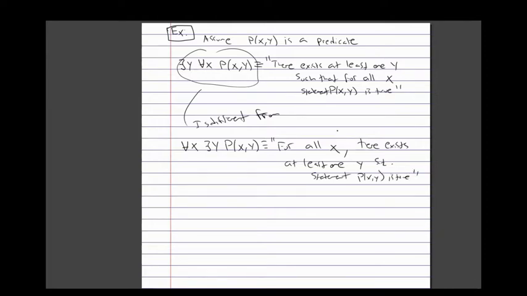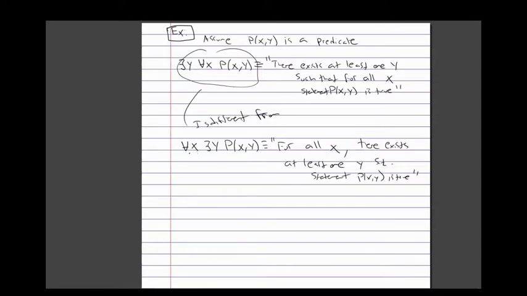These are two fundamentally different statements. This first statement is implying that we can find at least one y such that for any value of x I choose, no matter what, the statement p of x y is true. This is a completely different statement than this one right here, because this statement is saying that for all x, so for any value of x you choose, there exists at least one y such that p of x y is true.